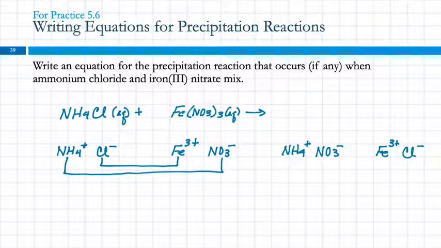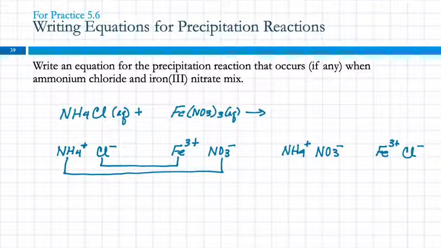Is ammonium insoluble with anything? No, the list says that ammonium is always soluble, right? So ammonium and nitrate are soluble together. How about iron and chloride? Well, chloride compounds are generally soluble, except with silver, mercury, and lead.